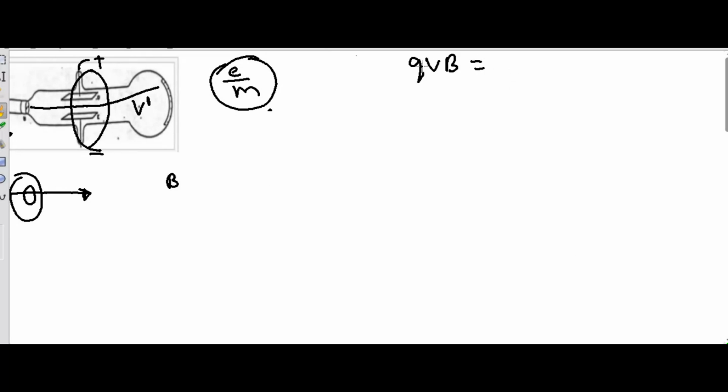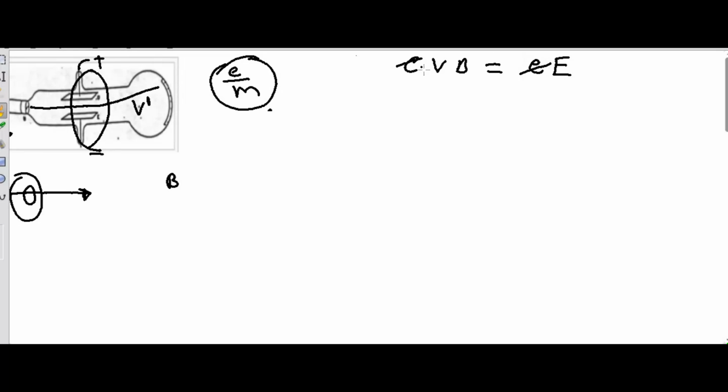Instead of writing Q, let me write the actual notation of the charge of an electron, which is e. So eVB, the magnetic force on the electron, is equal to the electric force, which is eE. The electric force due to an electric field is given by the charge multiplied by the electric field.